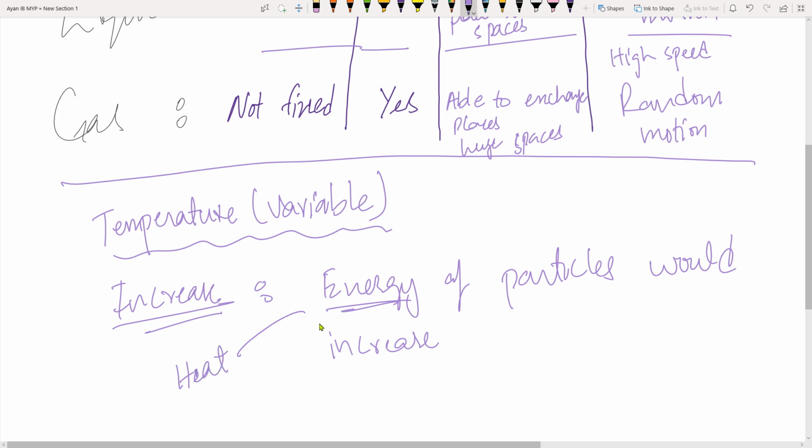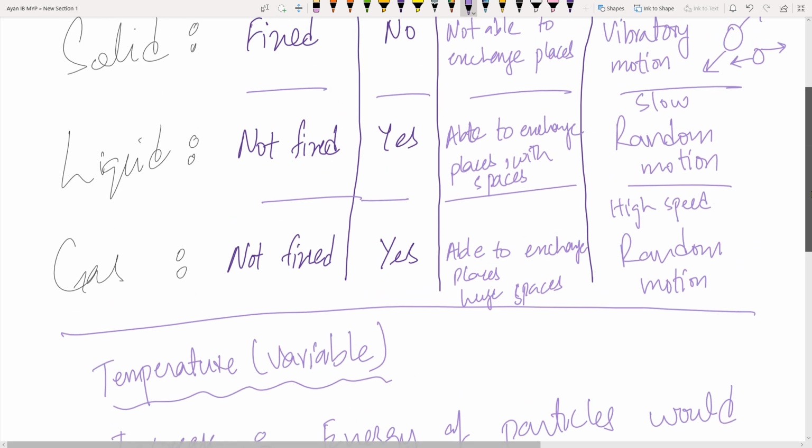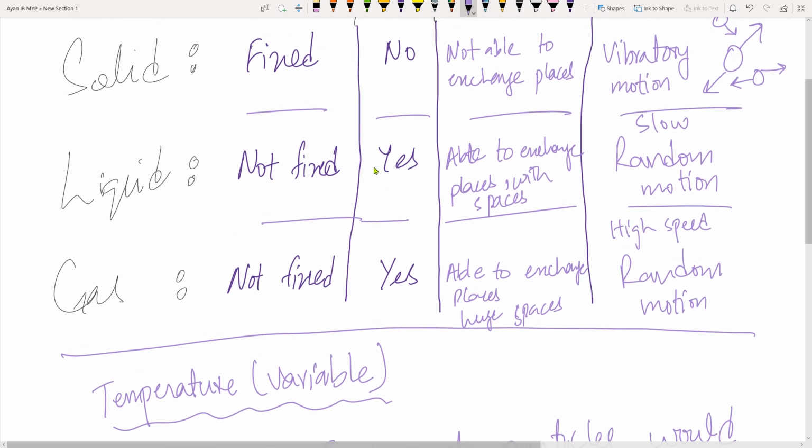Thermal energy or heat energy, right? So I'm providing them heat. Let's say I have a bowl in which I have three beakers. One has a solid in it, which is not having a lid. Then you have a liquid. And for the gas, I unfortunately have to close the beaker as well to allow the gas to be in there, otherwise it would just escape, right?